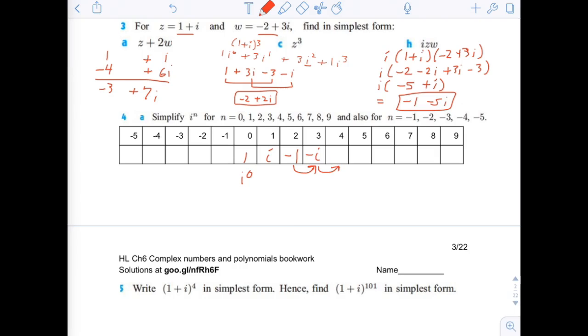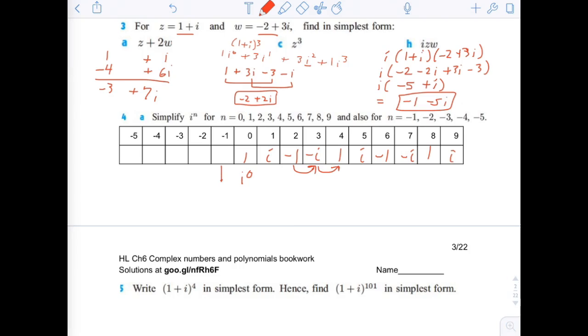I to the 4th would be negative i times i, which would be negative 1, which would be positive 1. And then you can see we're going to start the cycle over again. So then it'll be 1, i, negative 1, negative i, back to 1, i. And so, of course, it would continue here.